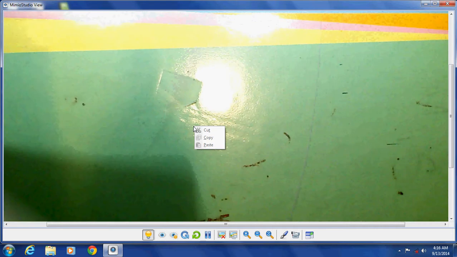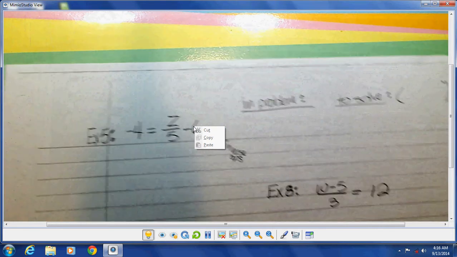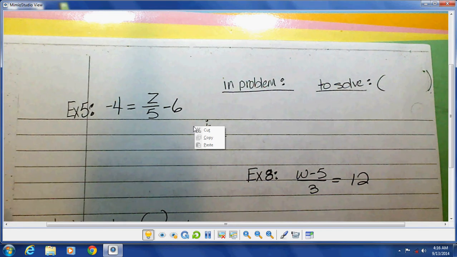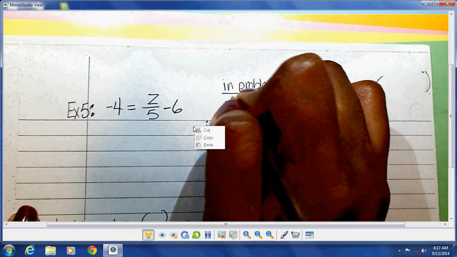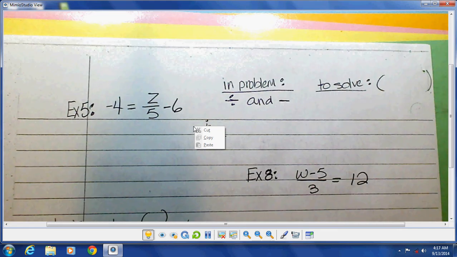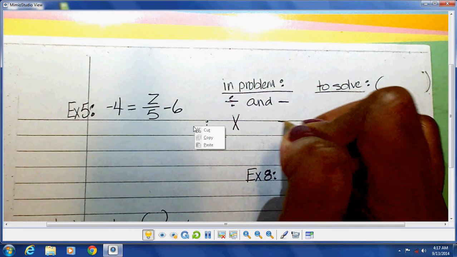Okay, let's go to the back side. In example 5, notice we have our two operations are division and subtraction. So in the problem, we see division and we see subtraction. Their inverse operations are multiplication and addition.